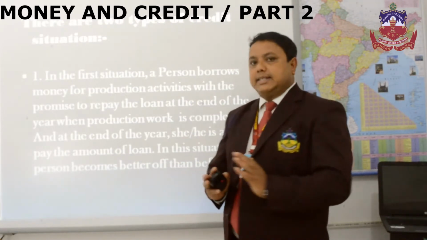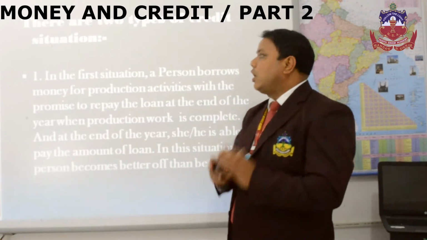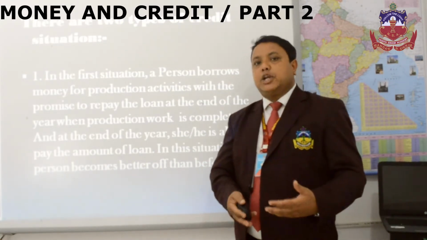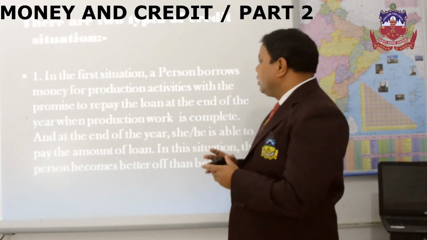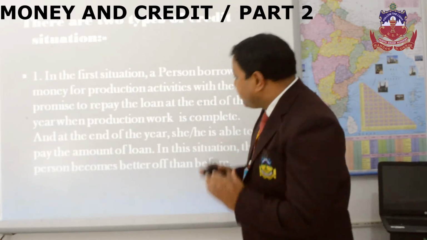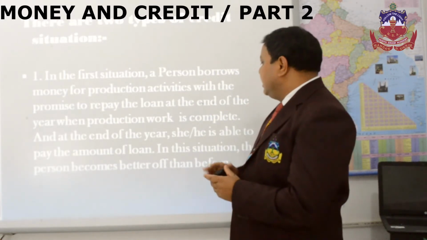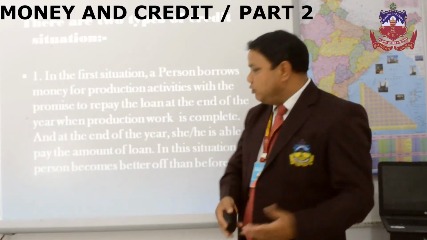In the first case, when a person borrows a loan or money for production activities or some kind of economic activities, he or she promises to repay the loan at the end of the year when production work is complete. And at the end of the year, she or he is able to pay the amount of loan.